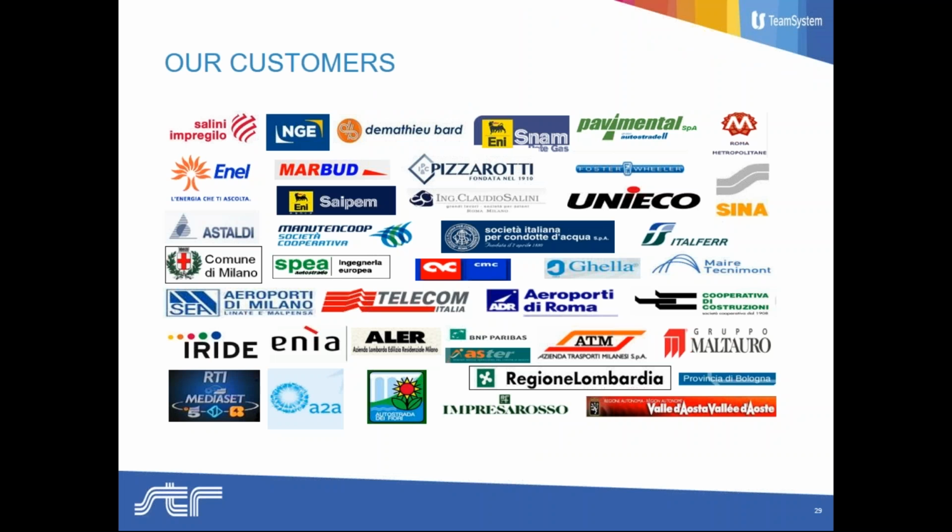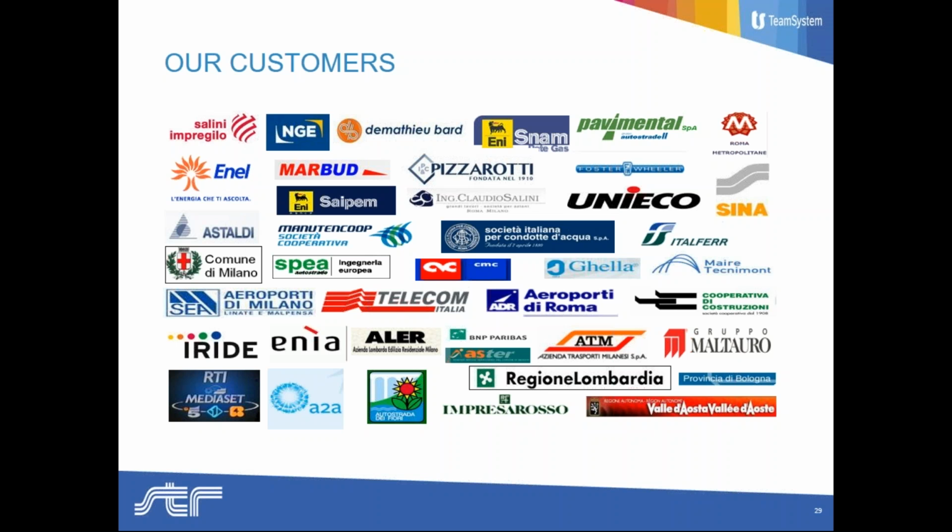Here are some of our customers. We are proud to serve the top 10 construction companies in Italy, such as Salini Impregilo, Astaldi, Pizzarotti. We are starting to develop customers worldwide, such as two big construction companies, NGE and Mathieu Bird from France, and Marbud from Poland. We work with Anas, which is a really big group in Italy, but also, as I told you at the beginning, we work with the government.